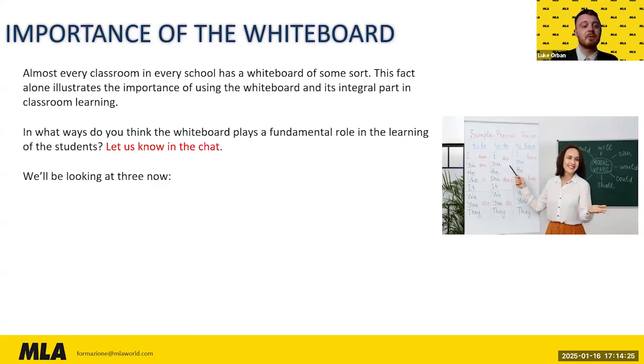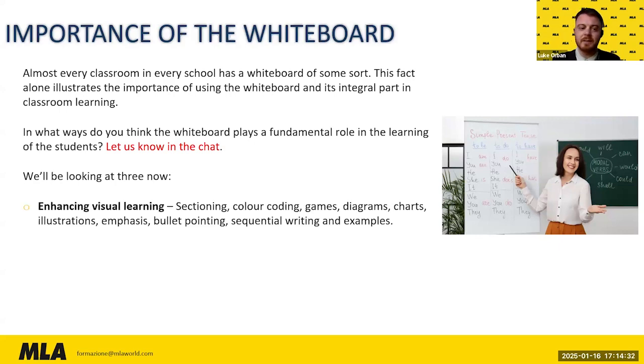Yes. Okay, so we'll be looking at three now, and they are as follows. Enhancing the visual learning for students. That will include sectioning, so portioning off the whiteboard into different parts to clarify points that are made and to maybe group words together.